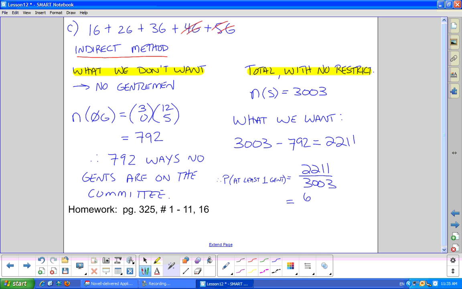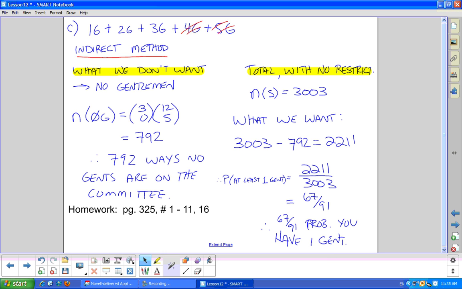So 67 over 91, or you can do it as a decimal, which is about 74%. So there's 74% chance you're going to get at least one gentleman on the committee. So therefore, 67 over 91 probability you have one gentleman. So that's an example of an indirect process.